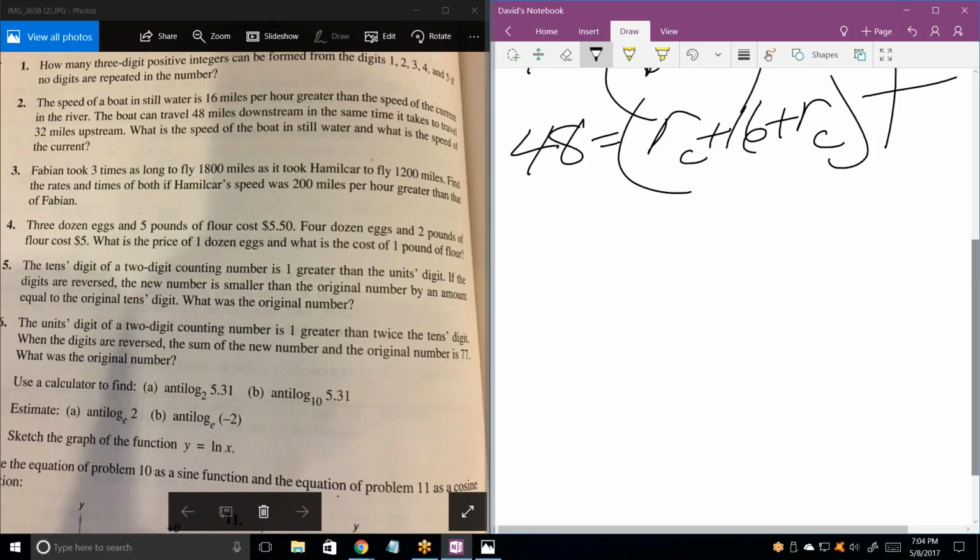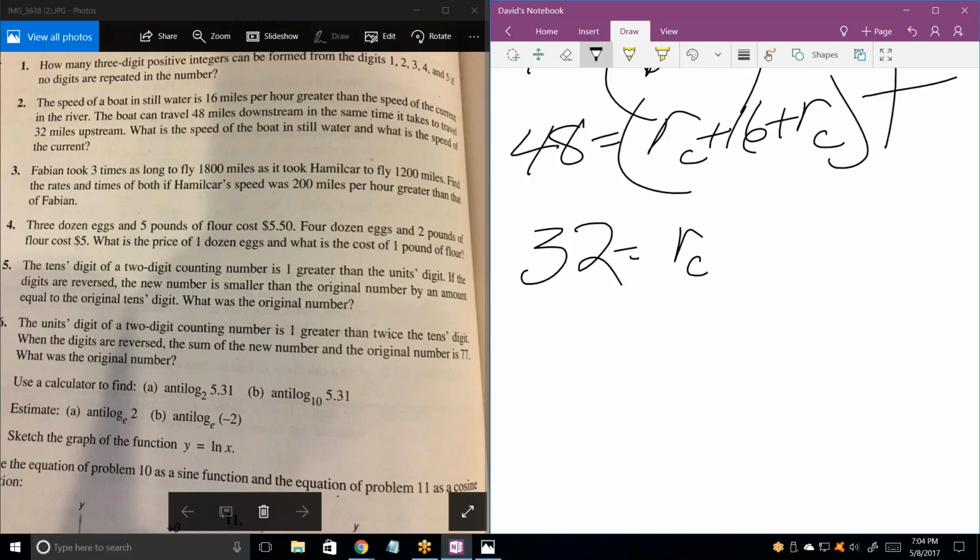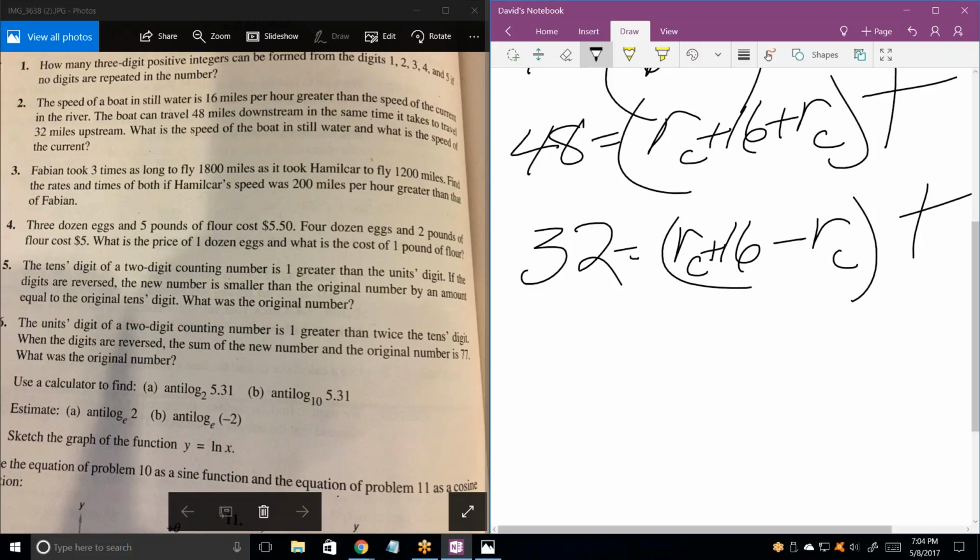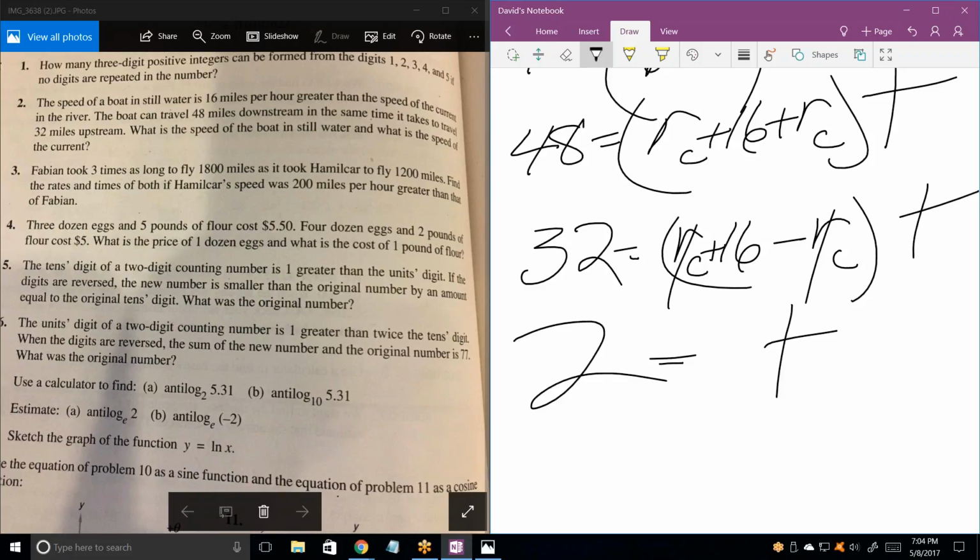Now when we're going upstream, we go 32 miles. Well, that's going to be the rate of the boat, which is that, minus the rate of the current. Exactly. Well, notice that the r sub c cancels out, and you end up with t equals 2.